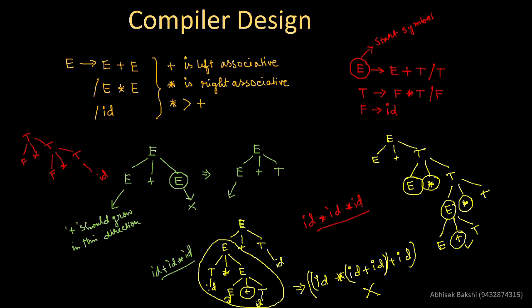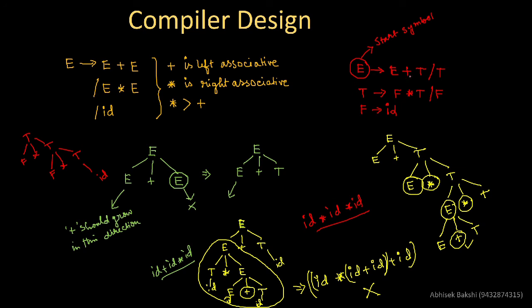Now you see, from this production rule I can say that E is left associative. How do I make E left associative? Just keep the leftmost symbol of the RHS equal to the LHS of the production rule. Leftmost symbol of the RHS equal to the LHS of the production rule for left associative.